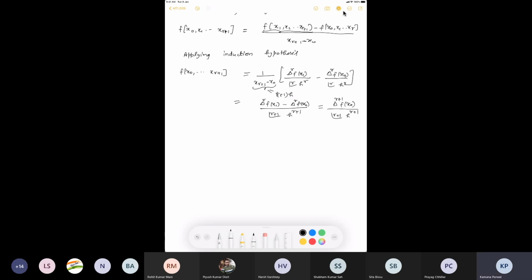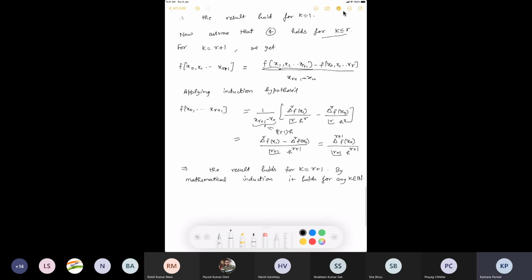So this implies that the result 4 holds for k equal to r plus 1, and therefore by mathematical induction it holds for any k in N, any natural number k.